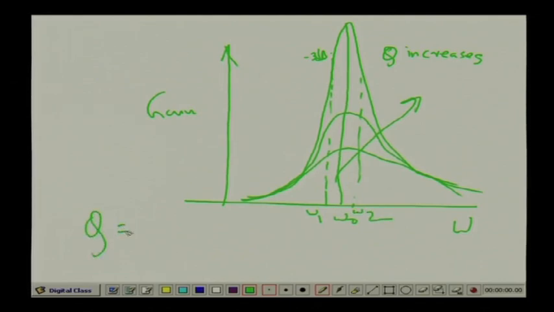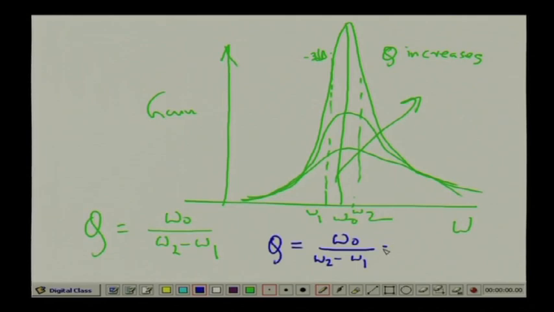So, Q will be omega naught upon omega 2 minus omega 1. That means Q equals omega naught upon omega 2 minus omega 1, or omega naught by delta omega, or f naught by delta f. So, the larger and larger the Q, you find the delta f will be smaller and smaller.